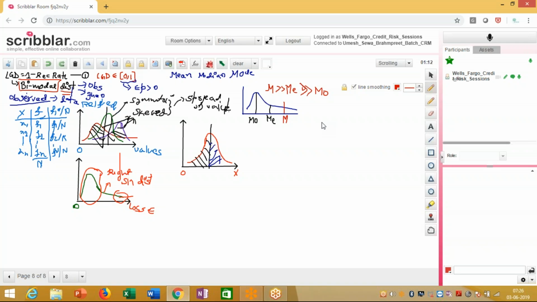But one important characteristic of this case is that you have a unimodal distribution. You just have one single mode in the distribution.